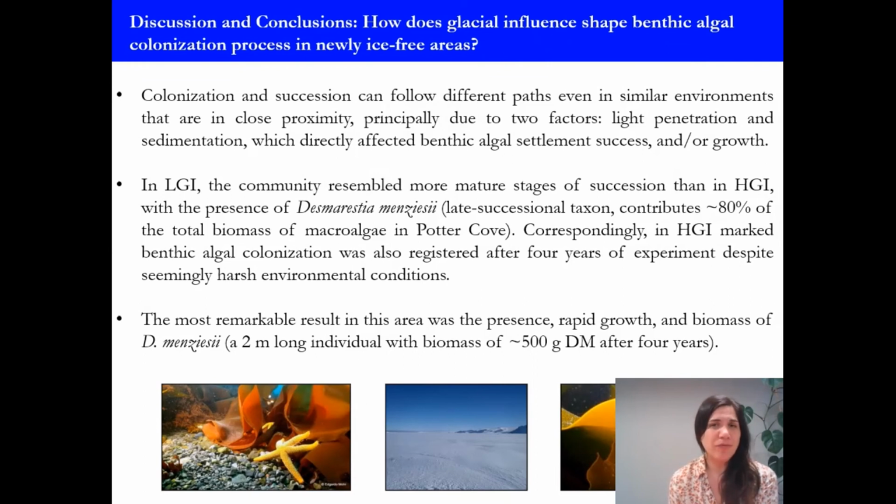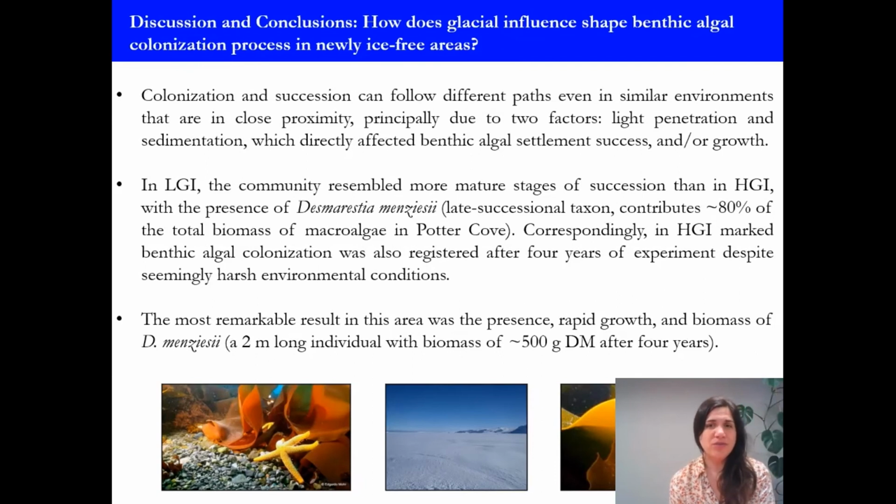One of the most important and remarkable results for us was the presence of Desmarestia menziesii, which is a late successional taxon that in Potter Cove contributes 80% of the total biomass. And we saw an individual growing 2 meters long and with 500 grams of dry mass after 4 years. So this is a very rapid growth.